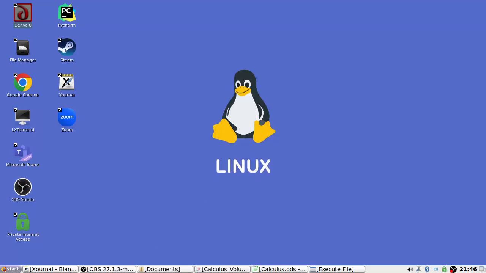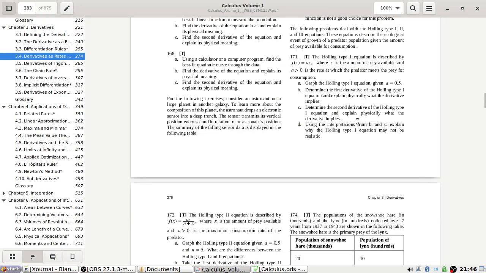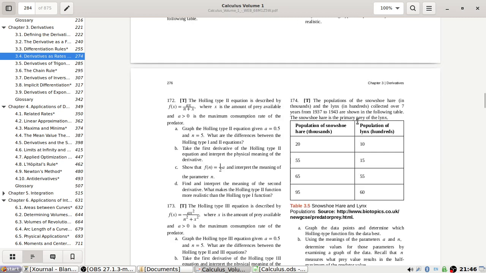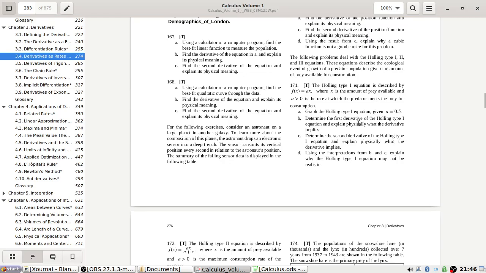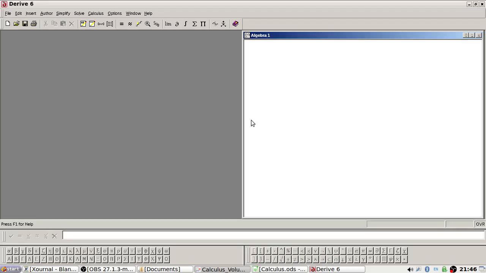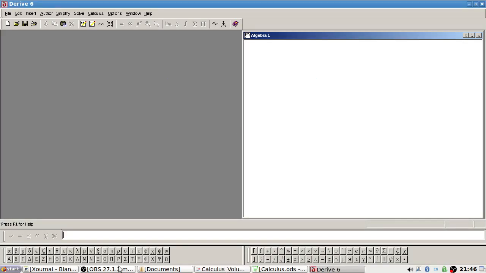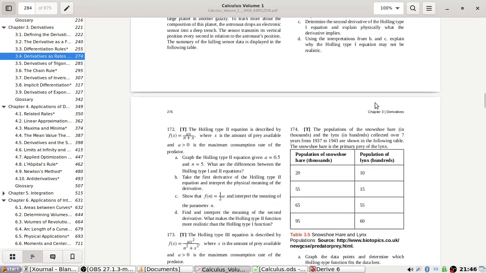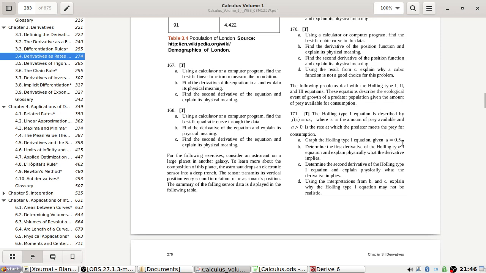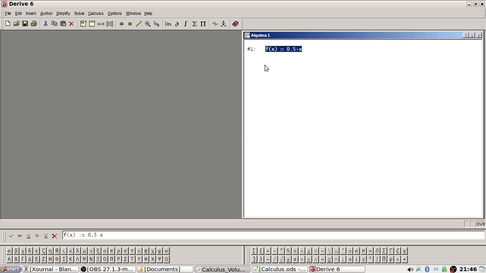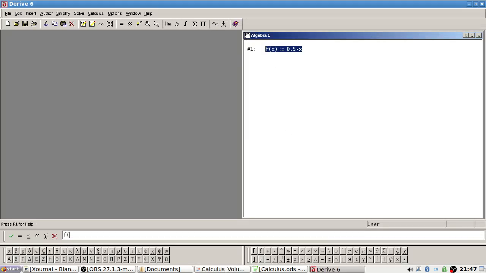Okay, maybe we finish on this one because that would have us finish at the bottom of the page and just leave us with one page left, which I think we could easily finish next time. Yeah, it's kind of weird. So f(x) is defined as 0.5x. A is 0.5. So graph it. Oh, well, okay. It's going to be a straight line.